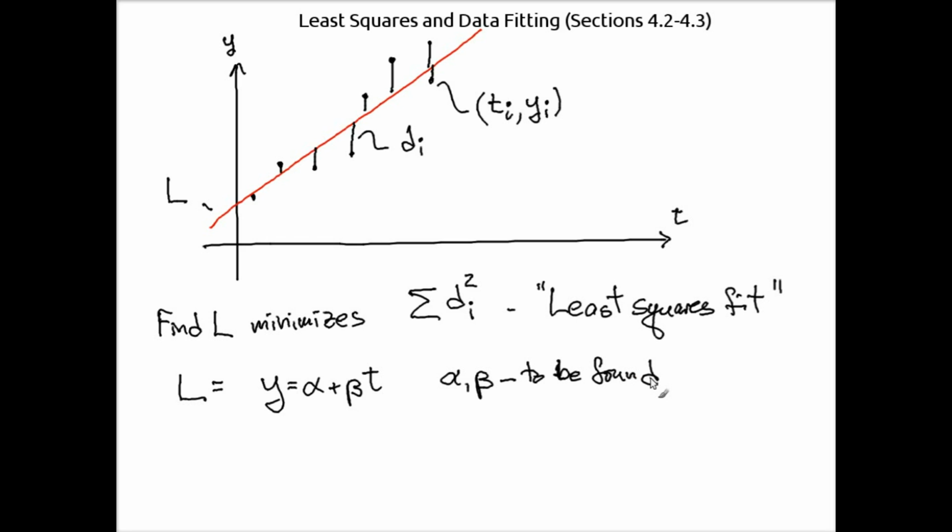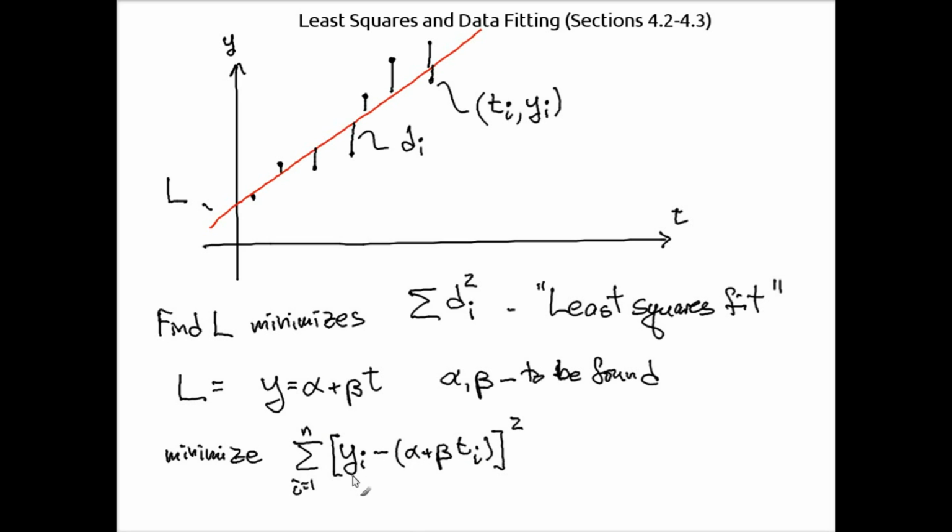And what am I trying to do? I'm trying to minimize the summation of the measured yi's minus the yi's on the line, and I'm squaring those.